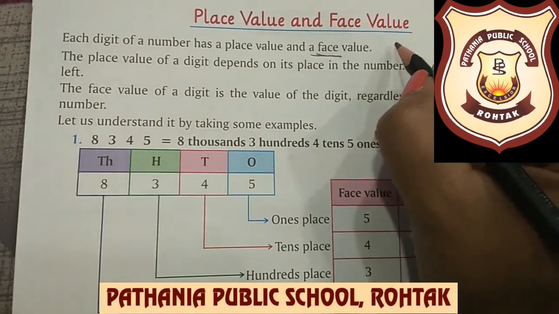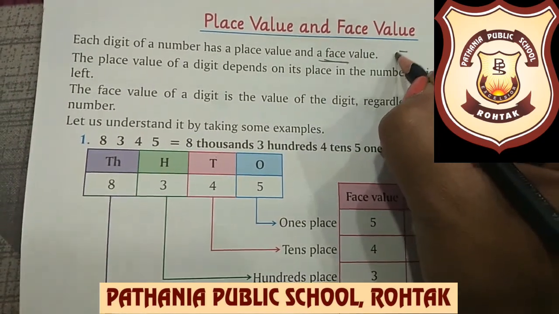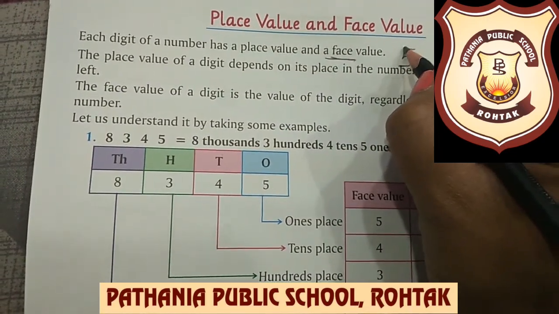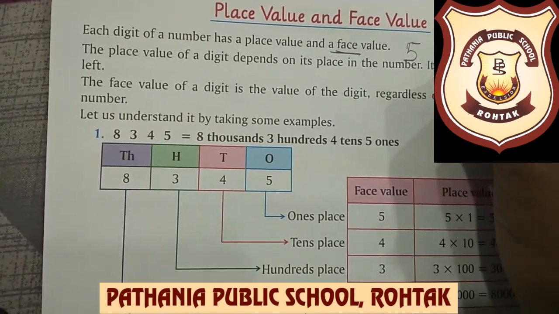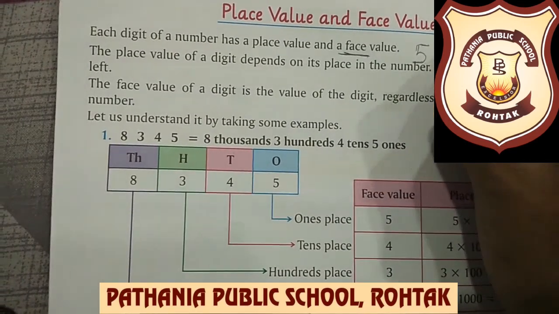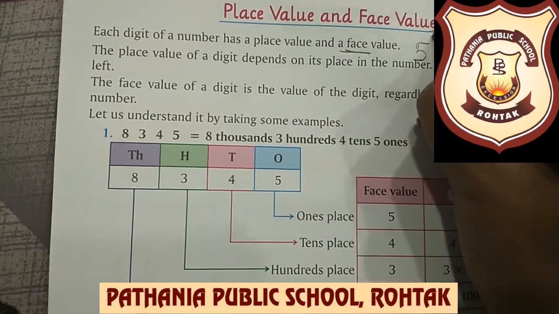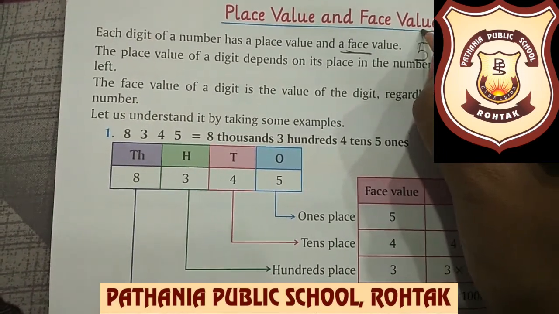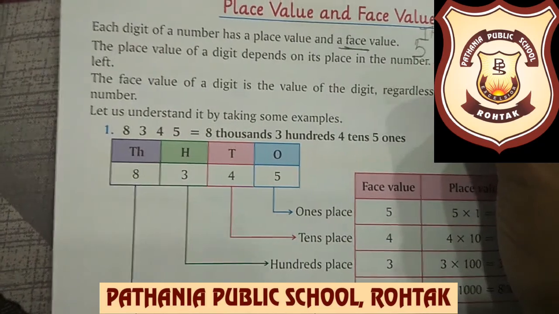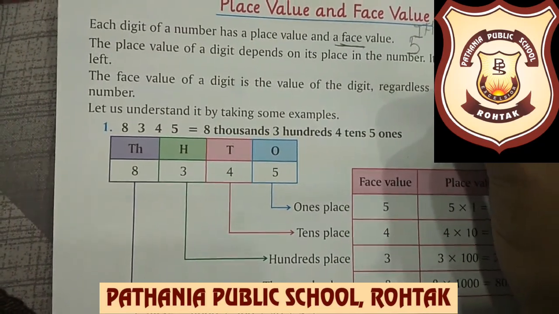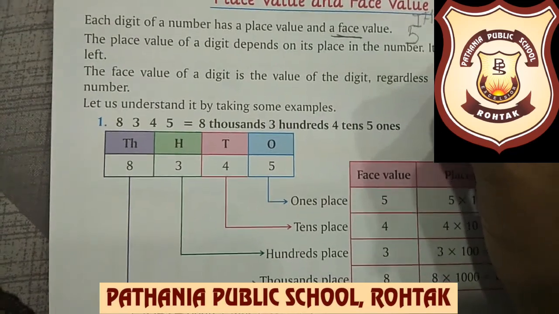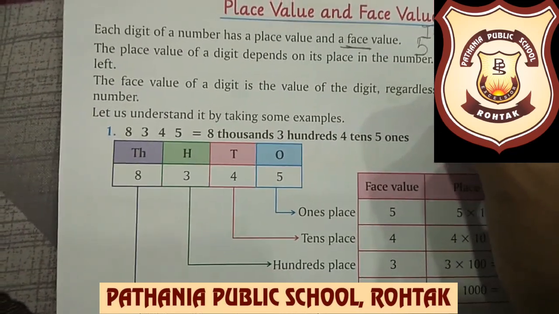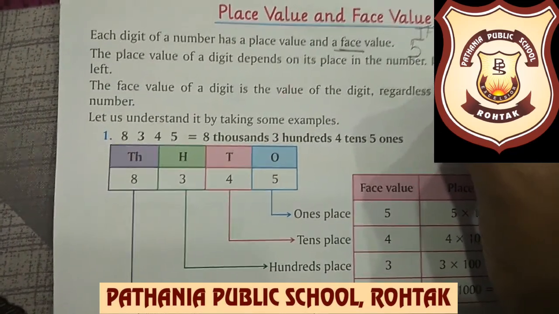If I write 5, see beta, I have written the digit 5 over here. If I write 5 at ones place, its face value will be 5 only. If I write 5 at tens place, then also its face value will be 5 only. Why?